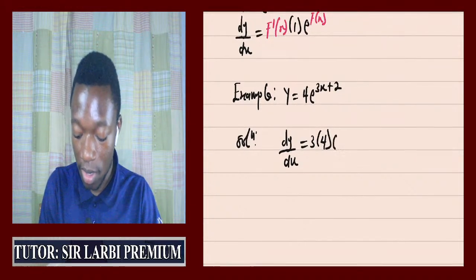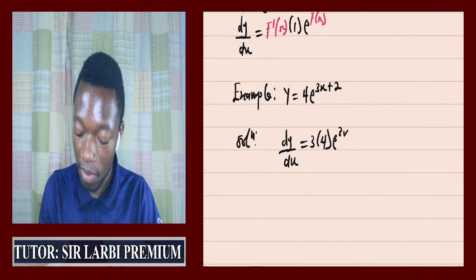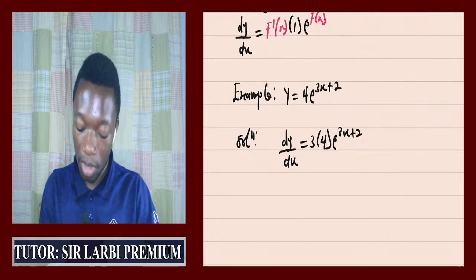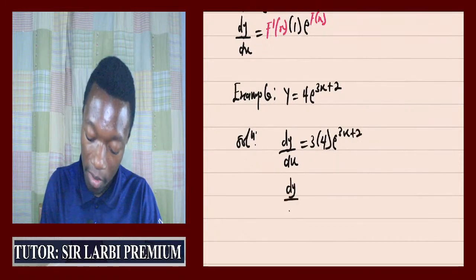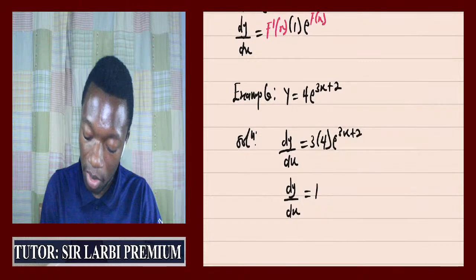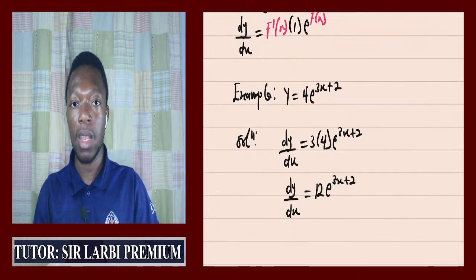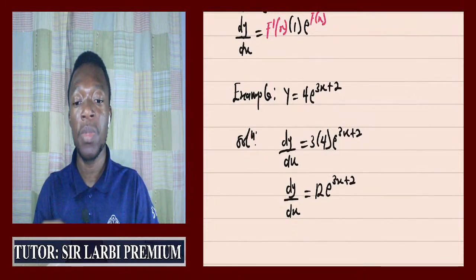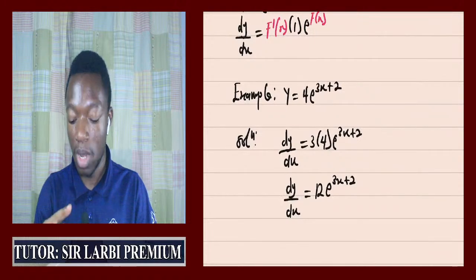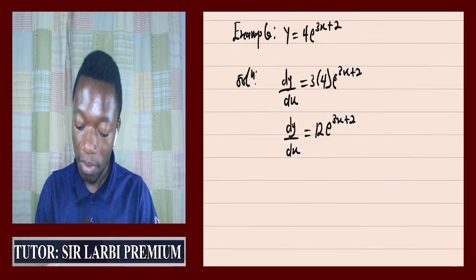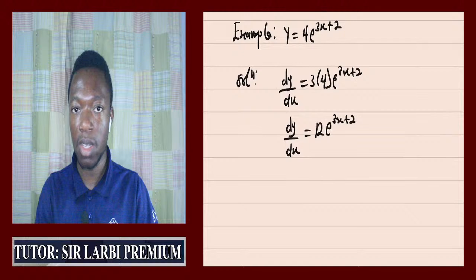That gives us the exponential function e to the 3x plus 2. Therefore, dy over dx is 12 times e to the 3x plus 2, and we are done. This is how we differentiate an exponential function.